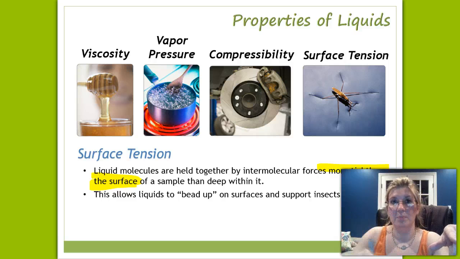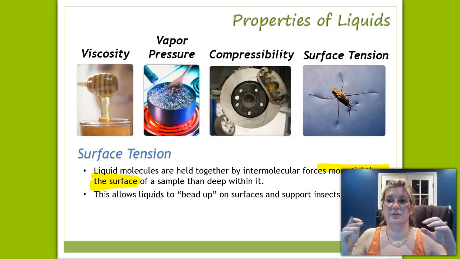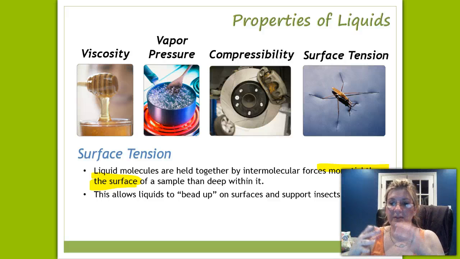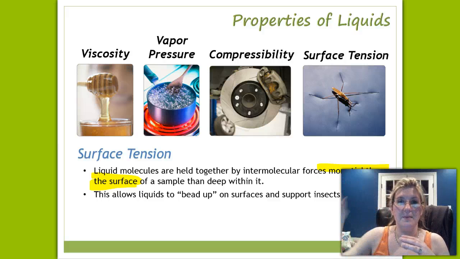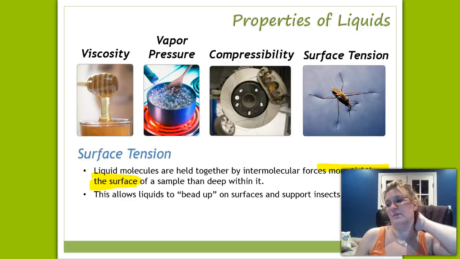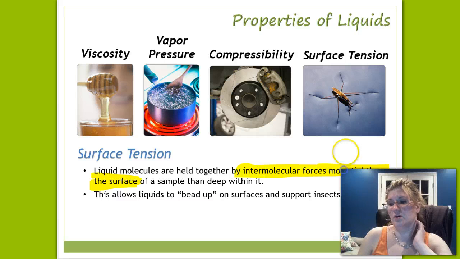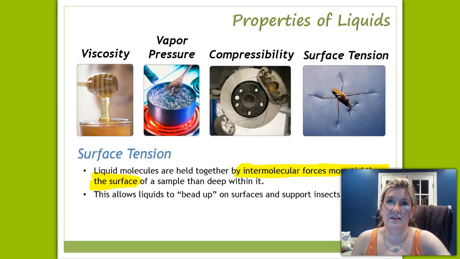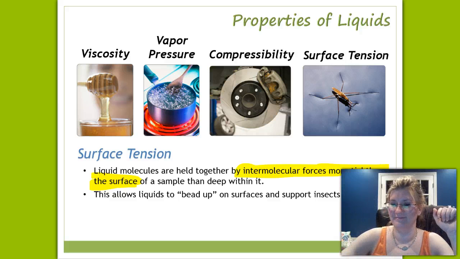They really need the help from down below. So they're clinging on for dear life to be really tight and make sure nothing from the atmosphere, the air, the dust, whatever gets in there. So surface tension is all about intermolecular forces being stronger on the top, and this is the effect that allows water to bead up on your waxed car, even on your skin, or for insects to walk on it.